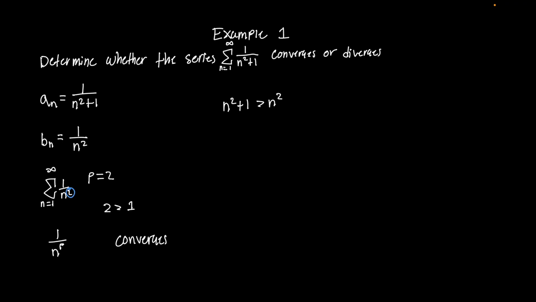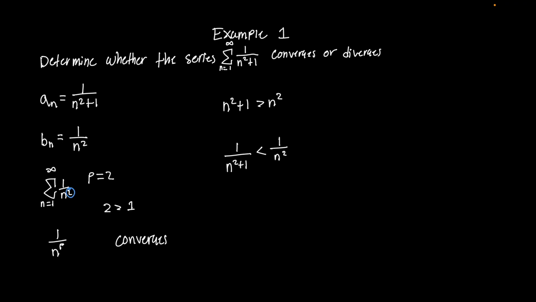Well, we know that both quantities are positive, and when we take the reciprocals of them, the inequality reverses. So if you take the reciprocal, 1 over n squared plus 1 is less than 1 over n squared. I'll explain why we left this one as just n squared plus 1 is greater than n squared in a few seconds.